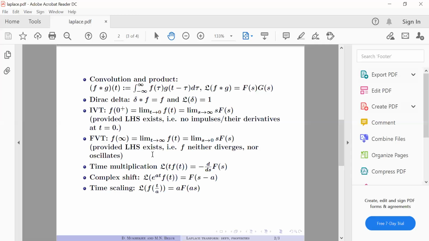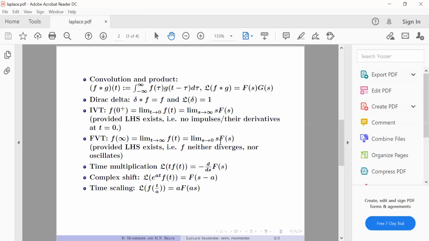So if you find some Laplace transform, F(s) in the frequency domain, for which the corresponding f(t) is a divergent function, you might still evaluate this limit, but that is not meaningful in the sense that it does not say anything about what the final value is, because the final value is non-existent in such a case. All right.